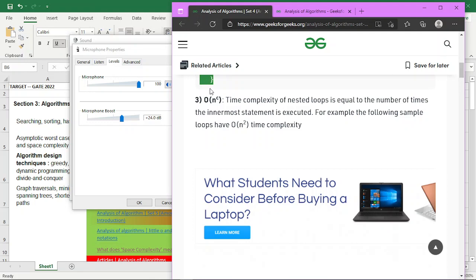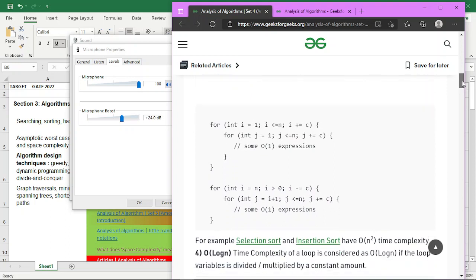Now coming to big O of n to the power of any constant, so it can be n cube, n to the power 4, n square, etc. It will be considered according to the number of for loops.